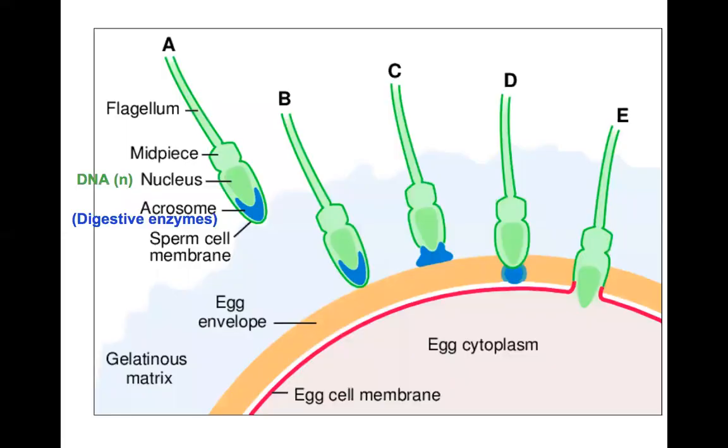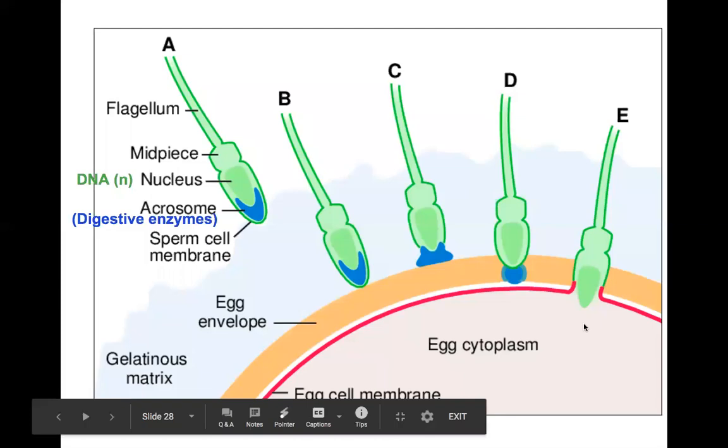Right after they get to the external portion of the egg, which is the corona radiata, they have to use the digestive enzymes contained on the head of the sperm, in a region known as the acrosome, and digest their way through this layer until they can enter the center of the egg cell and release the genetic material stored inside the head of the sperm.